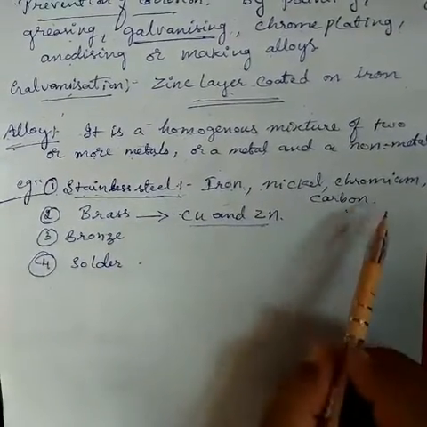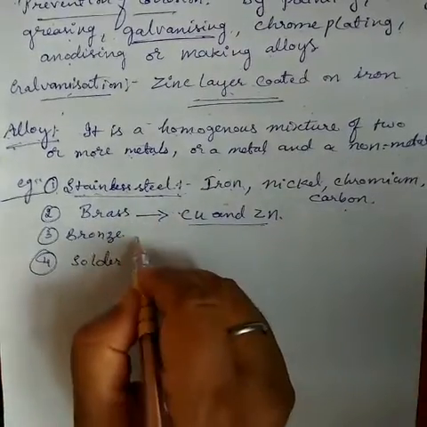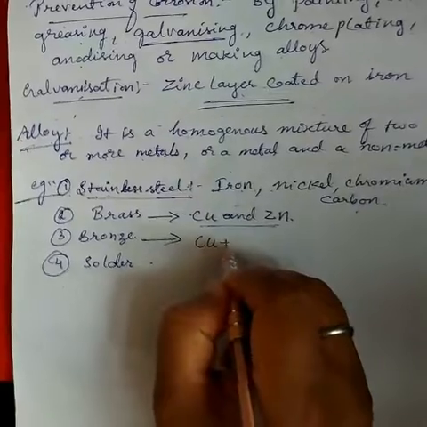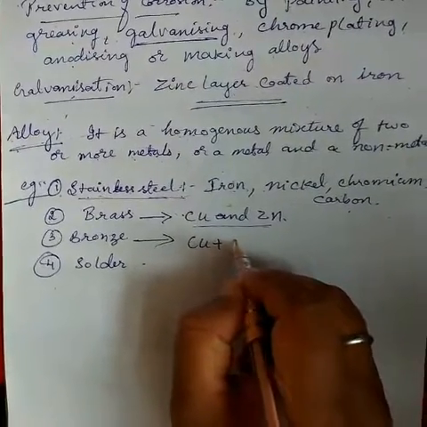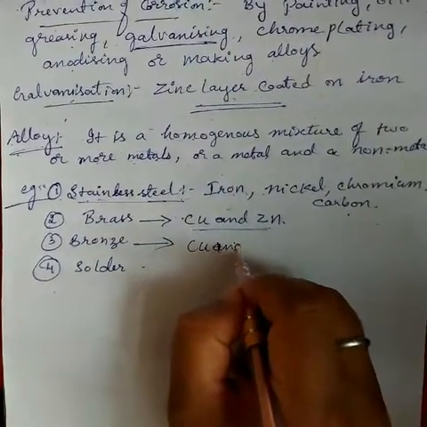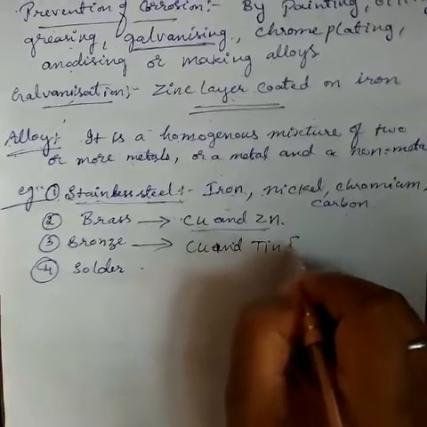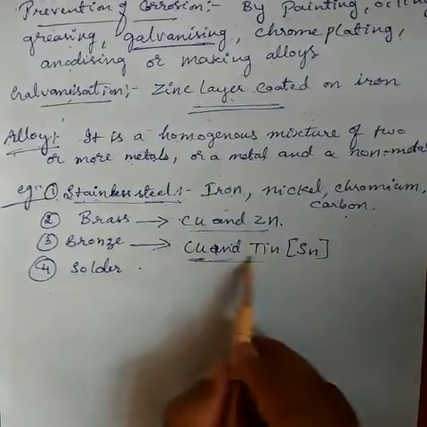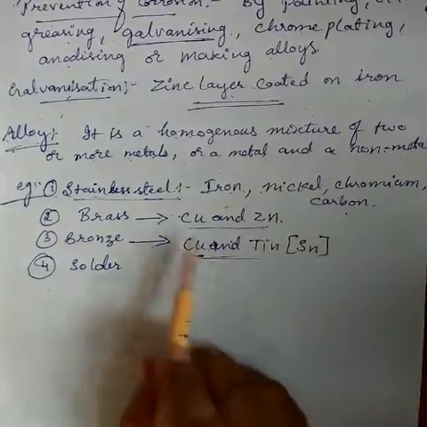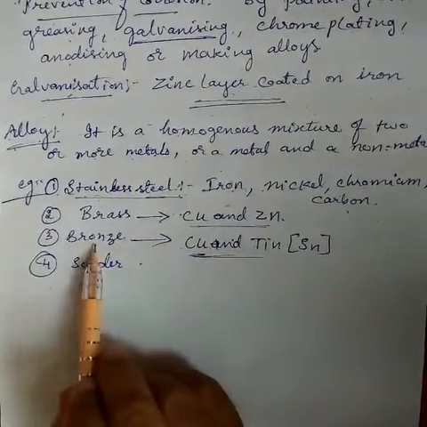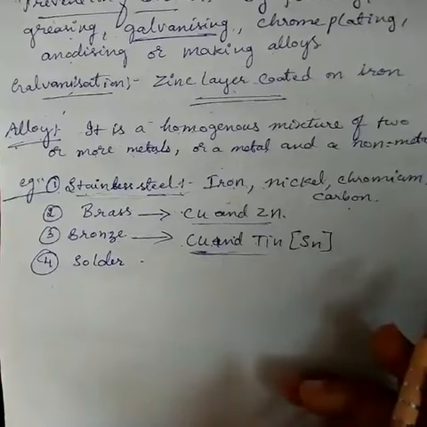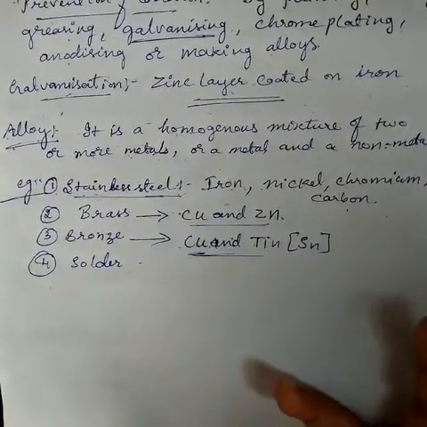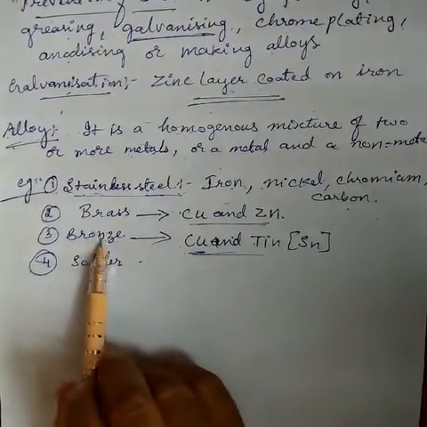Now what is bronze? That's copper plus tin. What is the symbol of tin? Sn. These two metals are used to make bronze, which is used for medals, models, and statues.